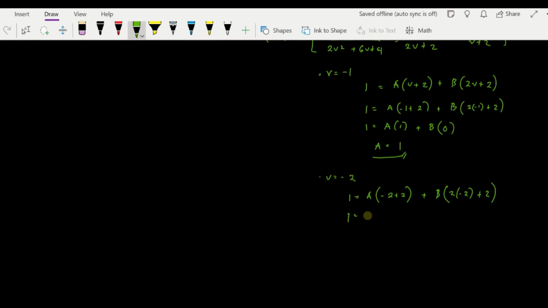So, that is, rather, 1 equals a times 0 plus b times negative 2, 2 times negative 2, negative 4 plus 2 is negative 2. So, we have 1 equals negative 2b. Therefore, b is negative 1 half.